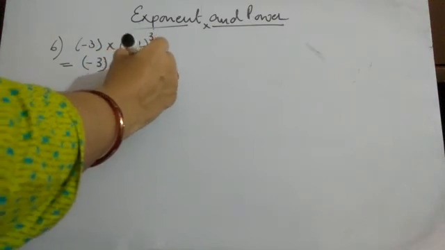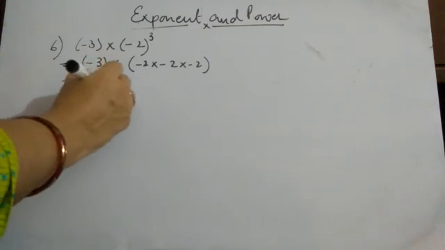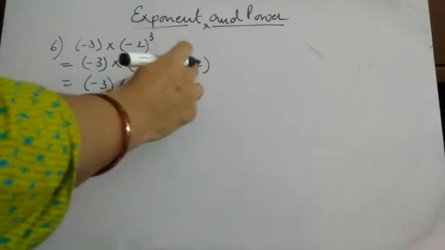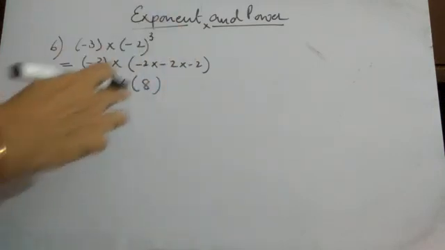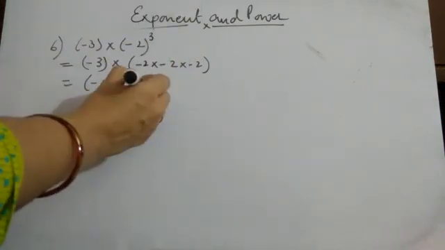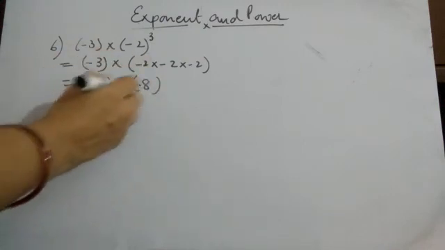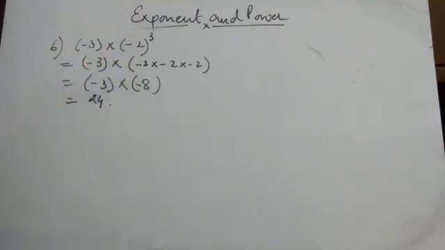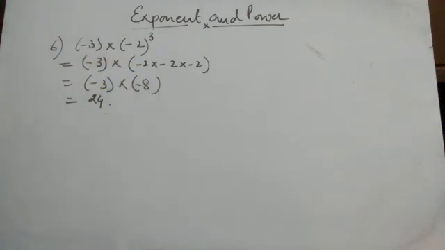Now minus 2 raised to the power 3 becomes minus 2 into minus 2 into minus 2, children. 2 2s are 4, 2 4s are 8. Minus an odd number of times, 3 times, 1, 2 and 3, you will get the minus in multiplication. So this will be minus into minus, plus, and 8 3s is 24. So keep in mind the signs and integers also, and then your answer will never go wrong.